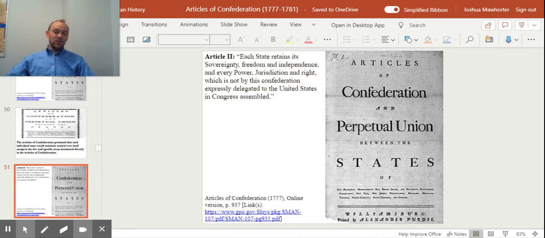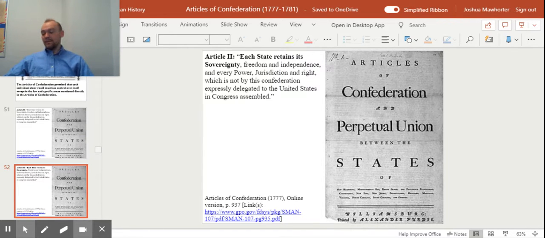Article 2 says each state retains its sovereignty, freedom, and independence, and every power, jurisdiction, and right which is not by this confederation expressly delegated to the United States in Congress assembled. So again, it's indicating that each state retains, continues to hold onto that same level of power and authority.